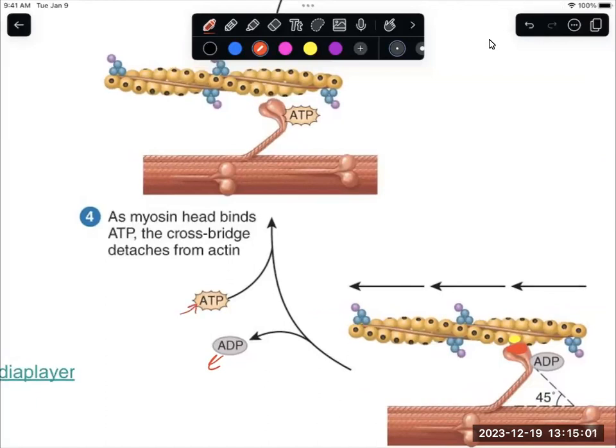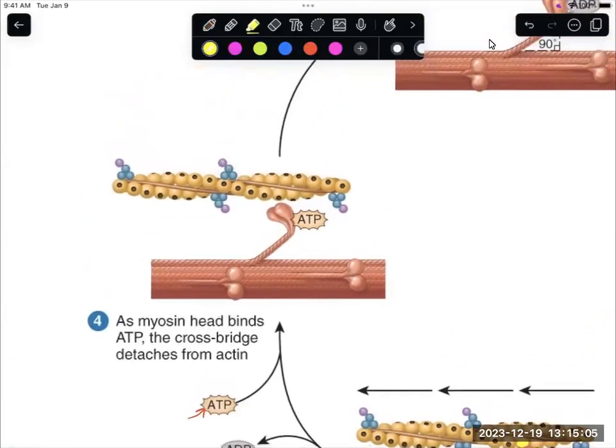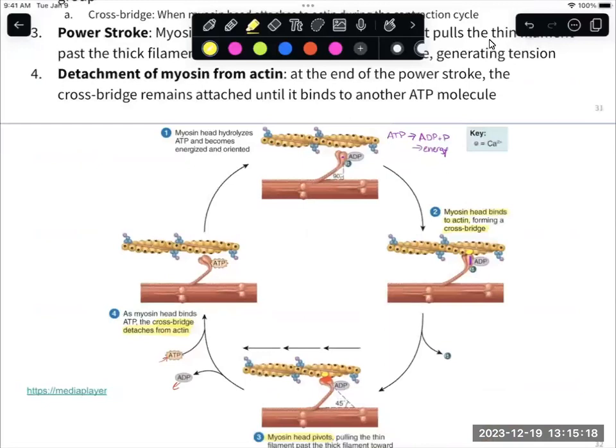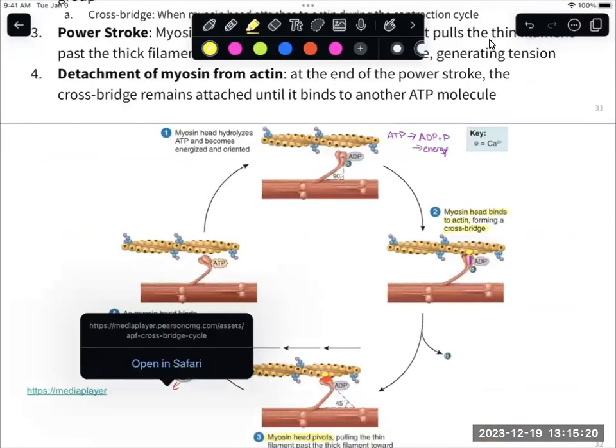So we have to bind a new ATP for that myosin head to release. That is cross bridge detachment. Without ATP, that myosin head cannot release. Those are the main steps of this cross bridge.